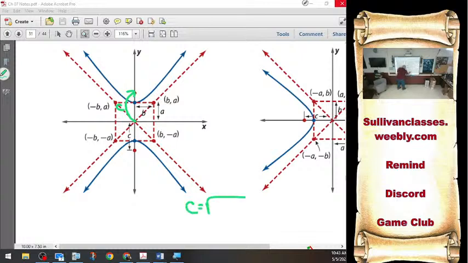Remember that it was a squared minus b squared before, which always put C smaller than A because I was subtracting. Now if I want my C and my foci to be past the vertices, I need it to be bigger than A, so that's what changes. C is now the square root of A squared plus B squared. That's what forces that focus out past the vertices.